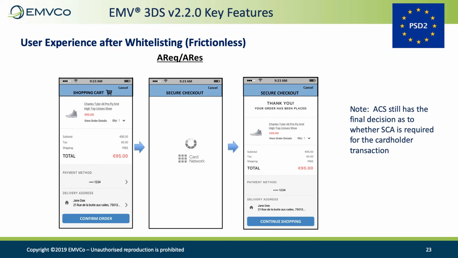So now you'll see that there's not a challenge happening. This merchant has been whitelisted by this consumer, and the checkout process is frictionless. You should note that the ACS always has the final decision as to whether strong consumer authentication is required for the cardholder transaction.